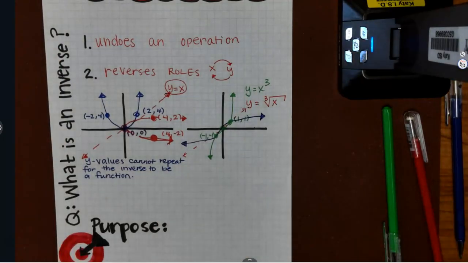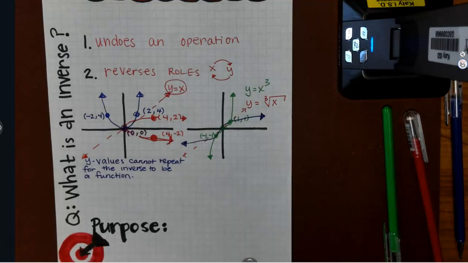So that is your cube root function. Still goes through those points. The arrows are just going in the opposite directions. Not opposite, they're being reflected.